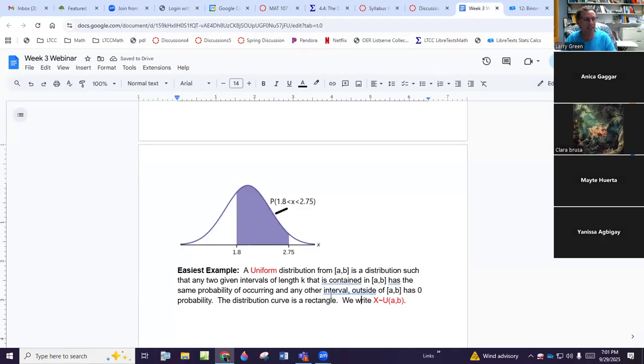Outside of AB, you have a zero probability. So the shape of a uniform distribution is a rectangle.